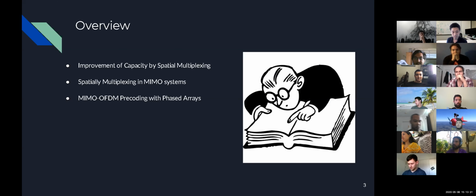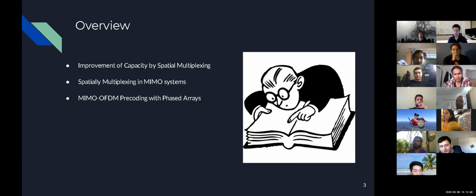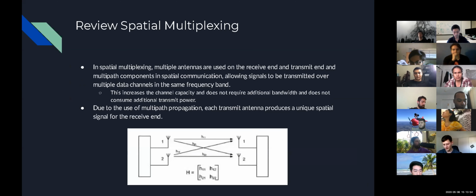The next one is spatial multiplexing in MIMO systems, but in terms of 2 nonlinear interference cancellation methods and maximum likelihood optimum receivers. And the last one, I looked at MIMO OFDM pre-coding with phased arrays in terms of spatial multiplexing, which I used last presentation.